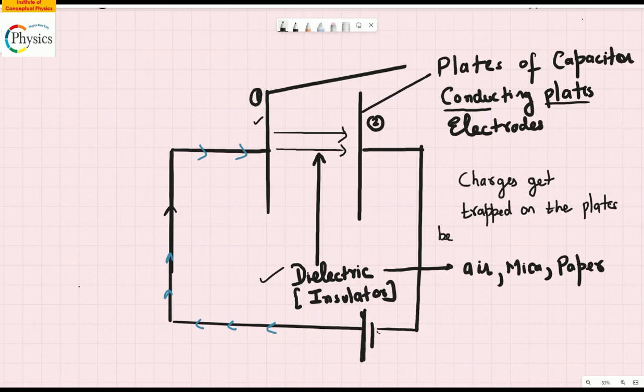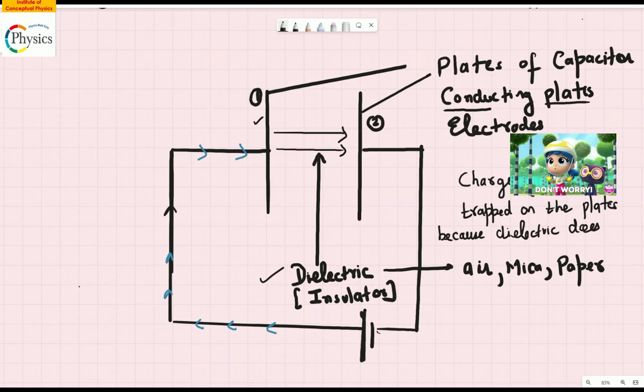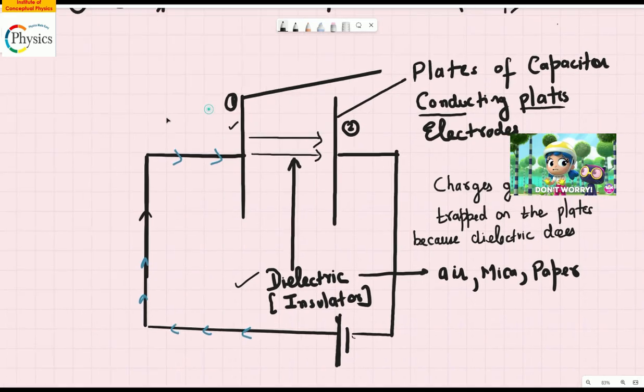Because dielectric does not allow the movement of charge.